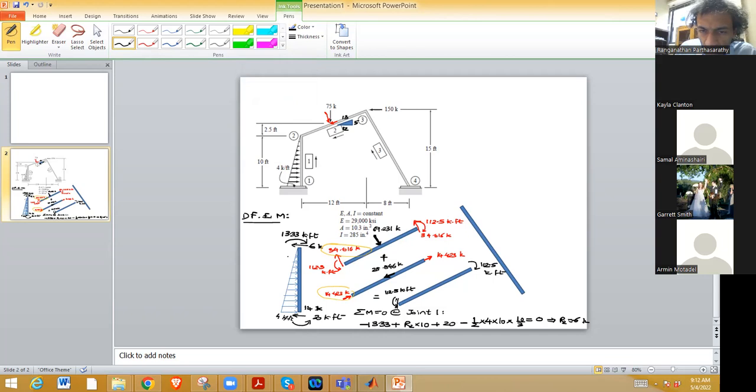So you will have here 75 over 2, that is 37.5 kips. And here another 37.5 kips.